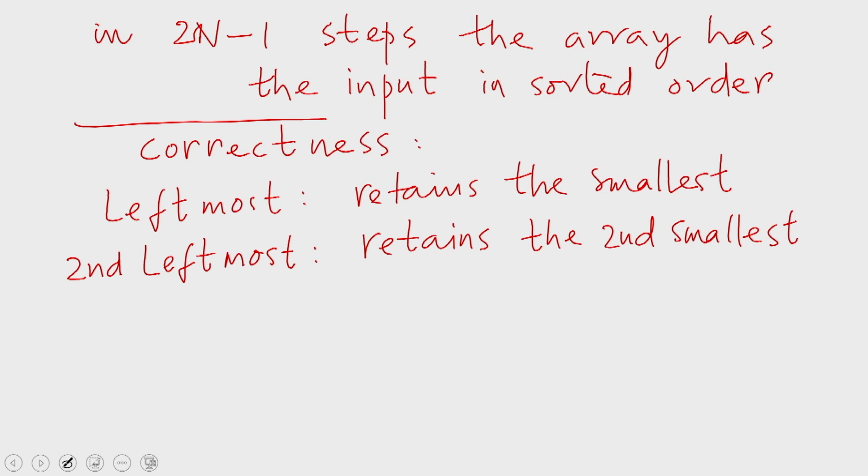So, the leftmost processor filters out the smallest element and sends the remaining elements onto the second processor. The second processor filters out the second smallest element, keeps it with itself and sends the remaining to the third processor. Then naturally the third processor, you can imagine, retains the third smallest element.